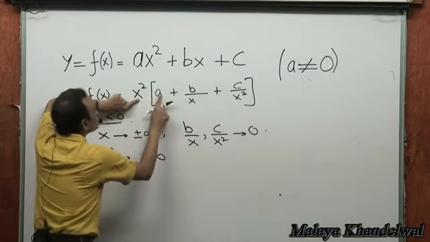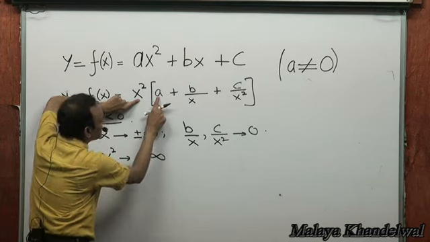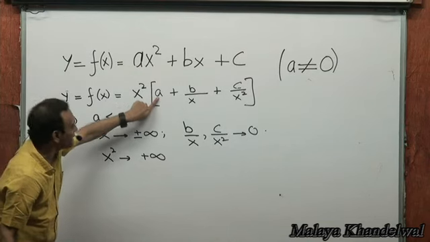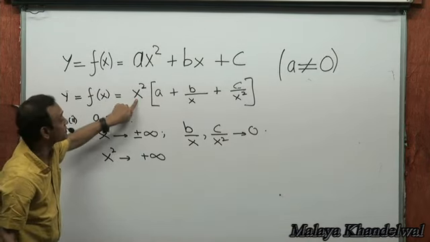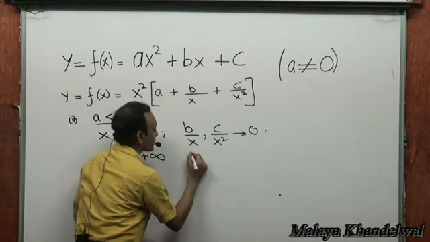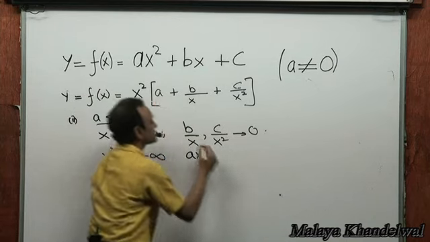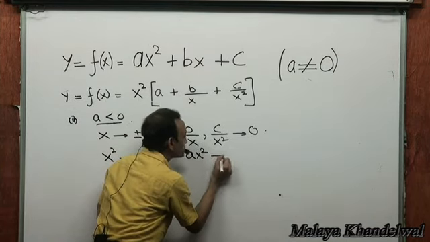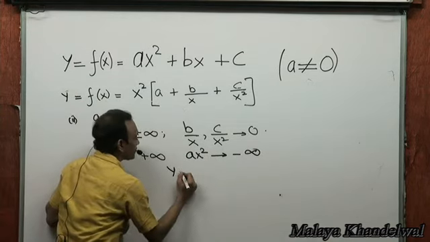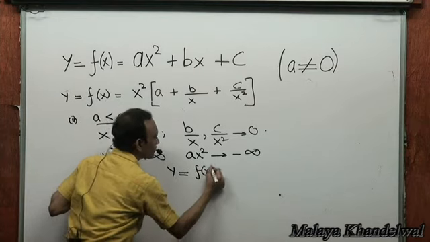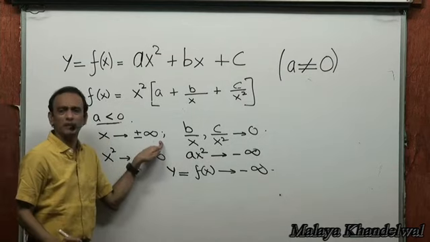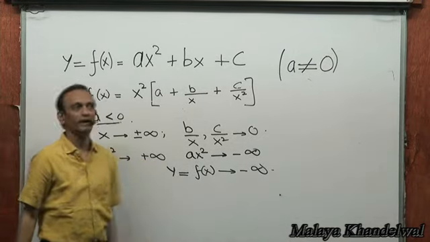These two would vanish. So a, a negative number, into a very large positive number would be a very large negative number, right? A is negative, x squared is large and positive, so a into x squared would be large and negative. So a into x squared, which is the leftover term, would tend to minus infinity. That means y, which is f(x), tends to minus infinity. So if a is less than 0 and x tends to plus or minus infinity, y tends to minus infinity.